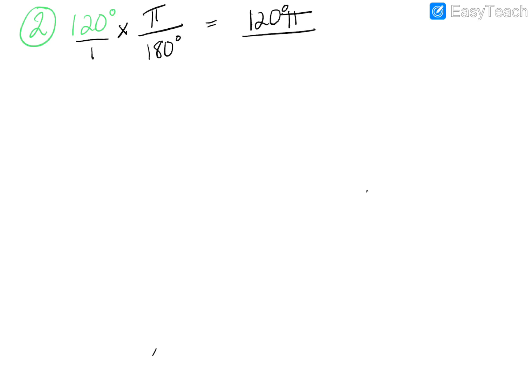Here is the other example. I want to convert 120 degrees to radians as well. So what would you multiply by in order to get radians? I'm converting degrees to radians. You would multiply pi on top, degrees on the bottom, 180 degrees. I always write it multiplying it straight across, so 120 times pi is just 120 pi. 1 times 180 is just 180.